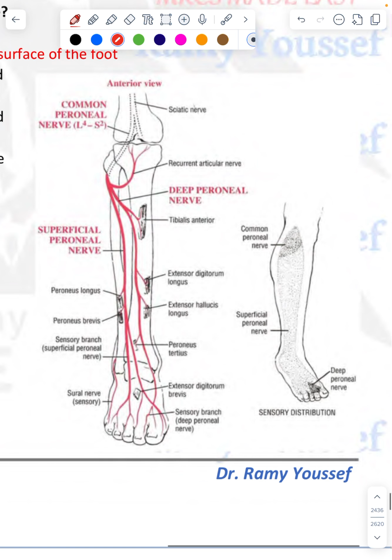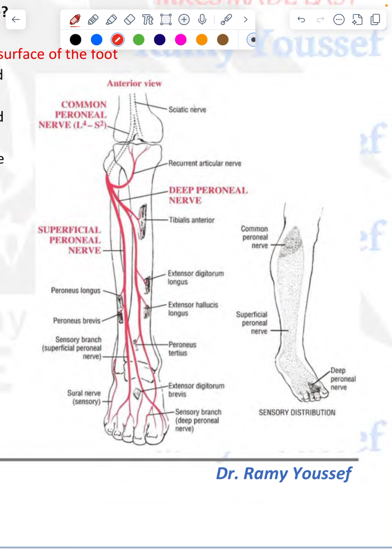So common peroneal is just below the knee, superficial peroneal is the lateral part, and deep peroneal is the first web. This is important. The lateral part of the leg is supplied entirely by the superficial peroneal, which supplies only the peroneus longus and peroneus brevis, passing behind the lateral malleolus and causing eversion.